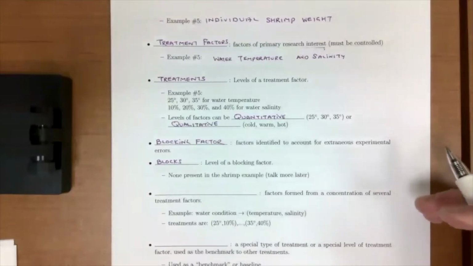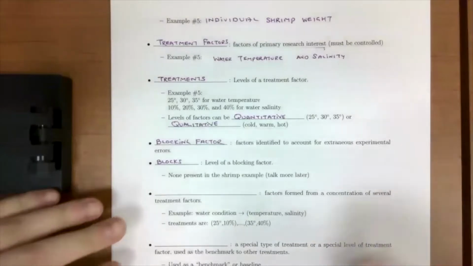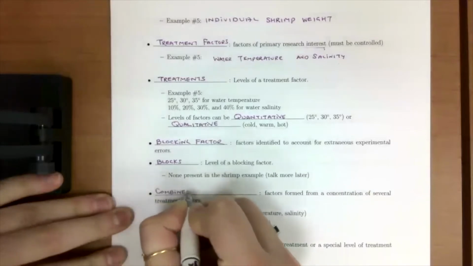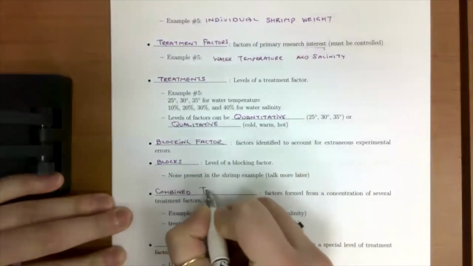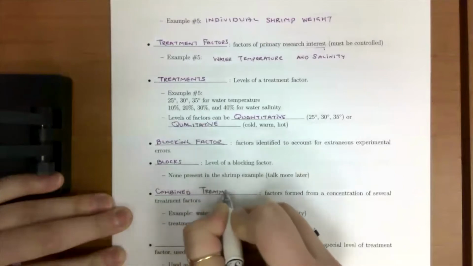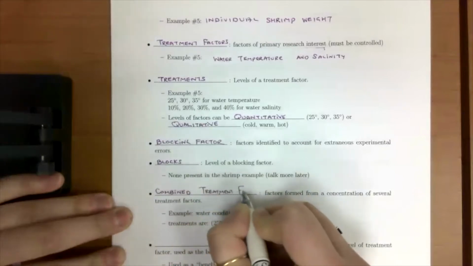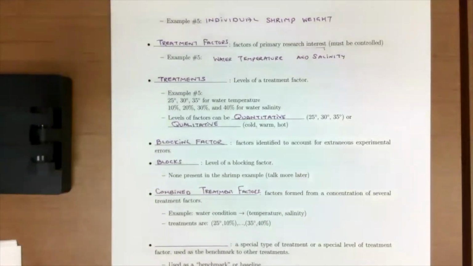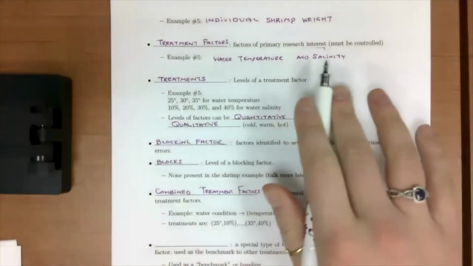Another thing that is very common is looking at combined treatment factors, okay? And these are the factors that you are going to cross. So back to our shrimp example where we had water temperature and saline.